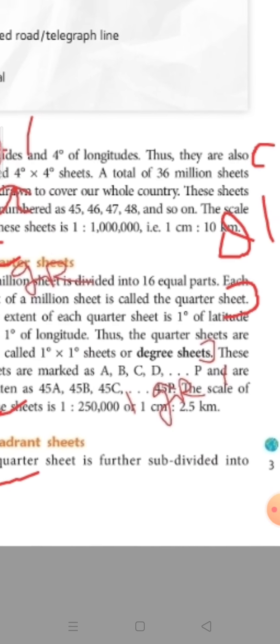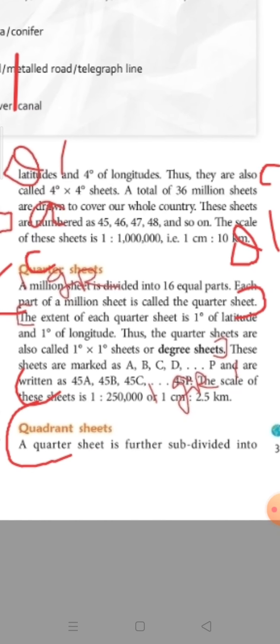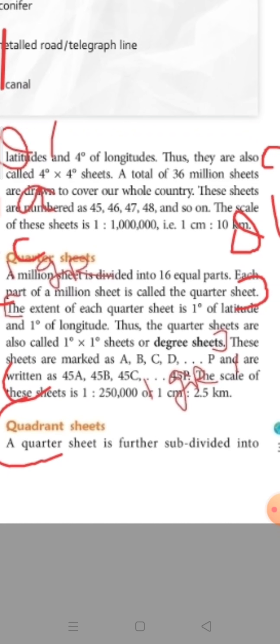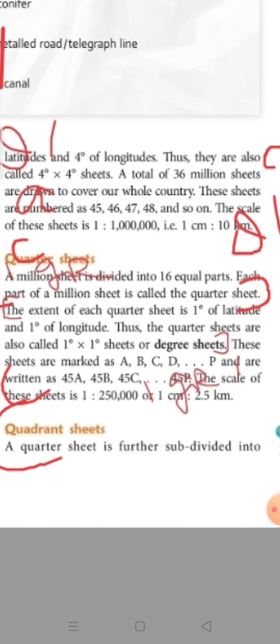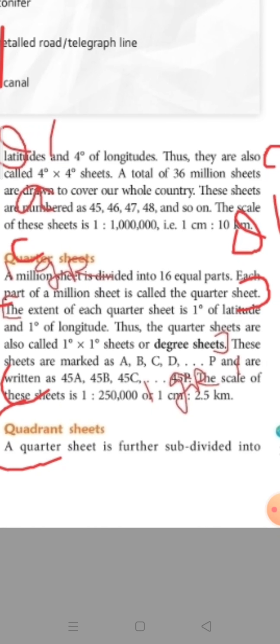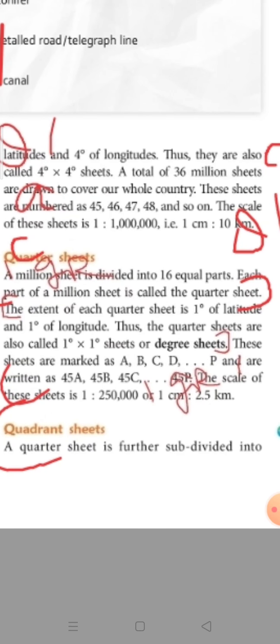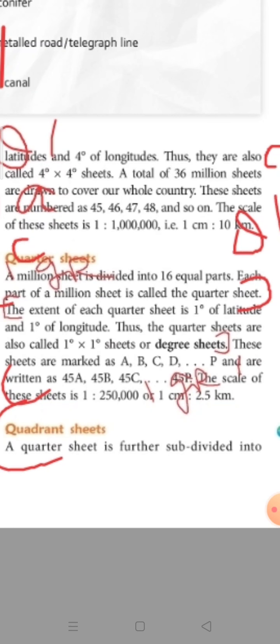Thus the quarter sheets are also called 1 degree into 1 degree sheets or degree sheets. This is the answer for the first give reason.